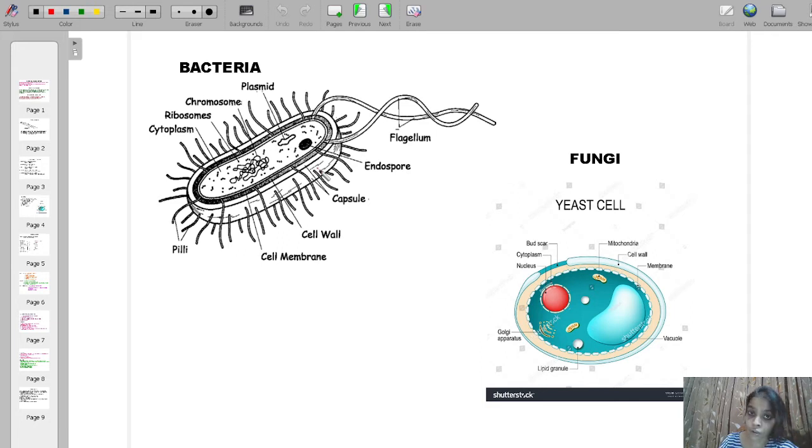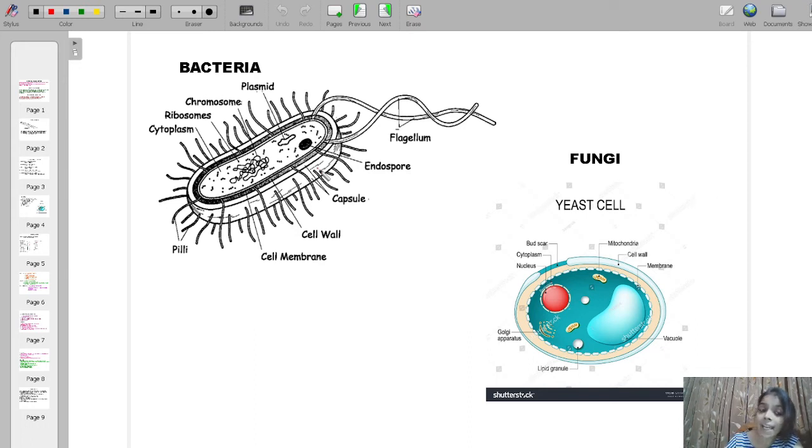This is one function. Another function is, suppose the bacterium falls in any adverse condition. Suppose the surrounding environment is very dehydrating, there is shortage of water, protoplasm may shrink, or suppose the surrounding temperature is extremely high or extremely low.